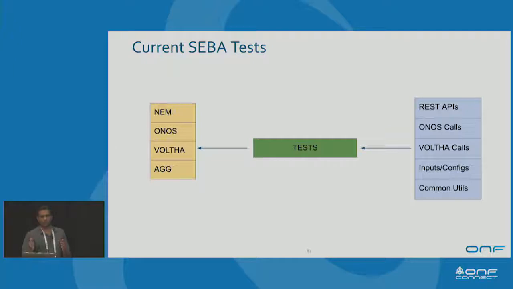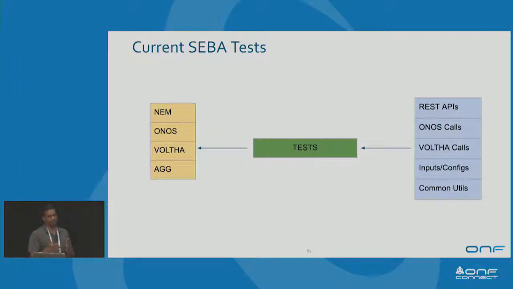We also have libraries to interact with the ONOS CLI as well as the Voltha CLI, for debugging those systems and validating certain states in those components. There are input configuration files, and there are common utilities for these different software components. Those are the modules of the test.